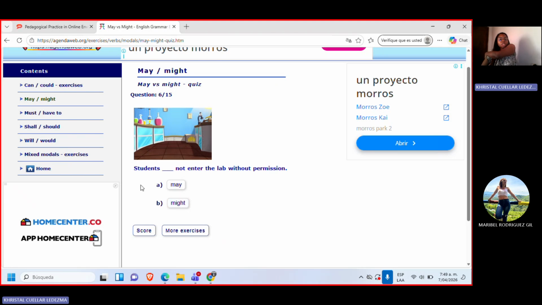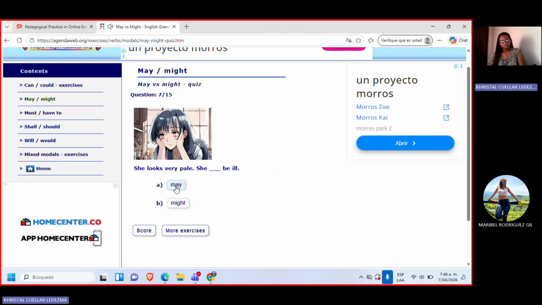Students may not enter the lab without permission, or might. She looks very pale. She might be ill. She may be ill.